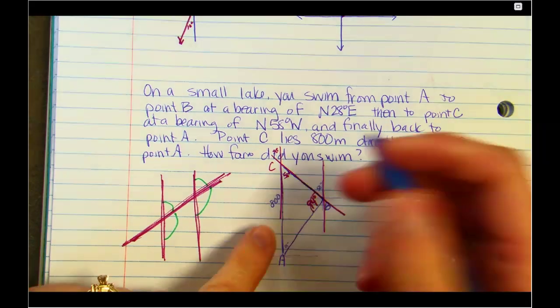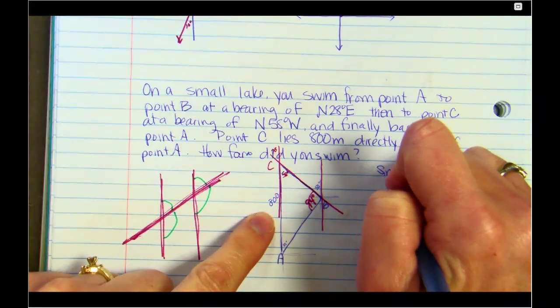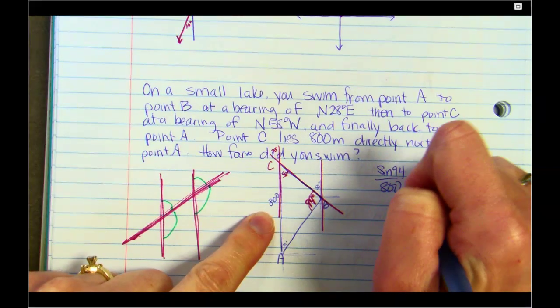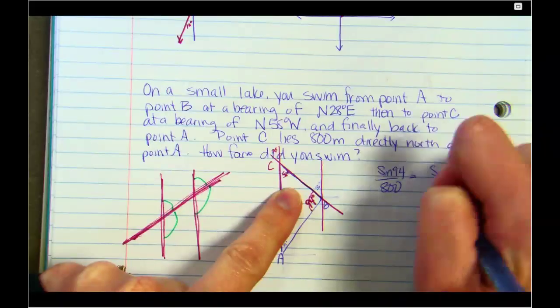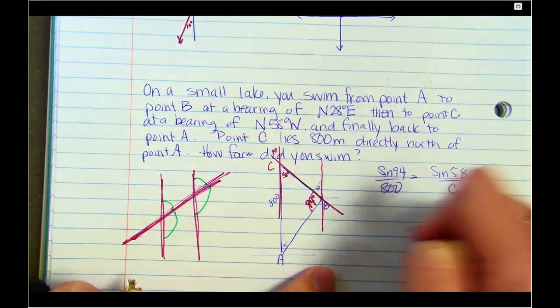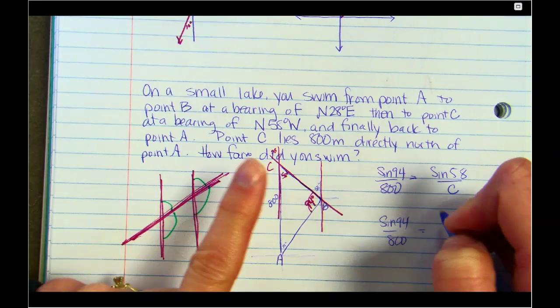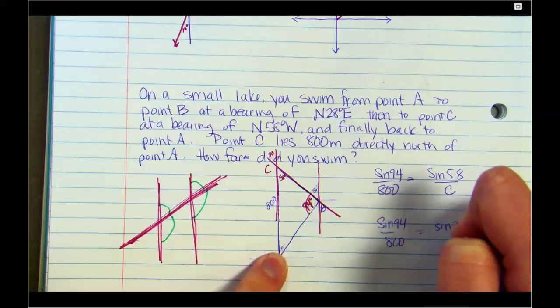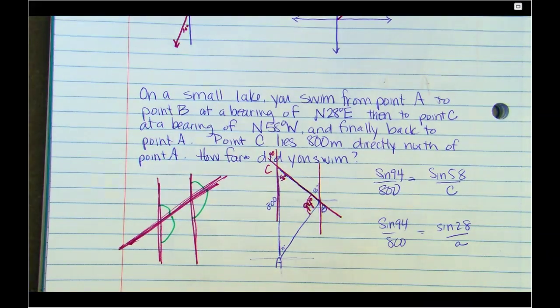Okay, so use the law of sines. You should have, doesn't matter what order, sine 94 over 800 equals sine of 58 over C, and then sine of 94 over 800 is equal to sine of 28 over A. Right?